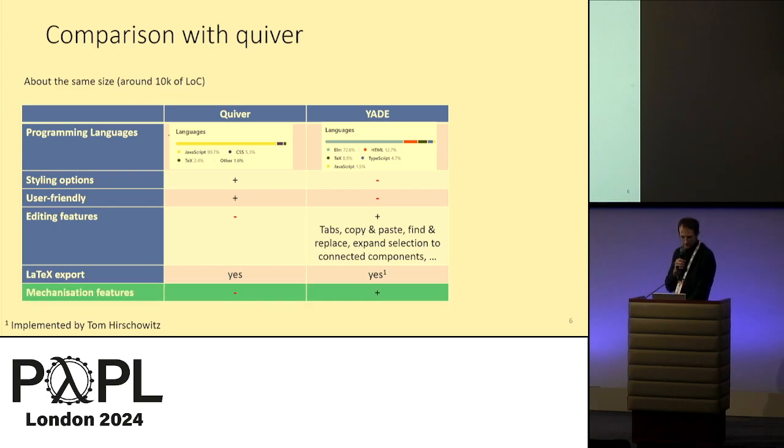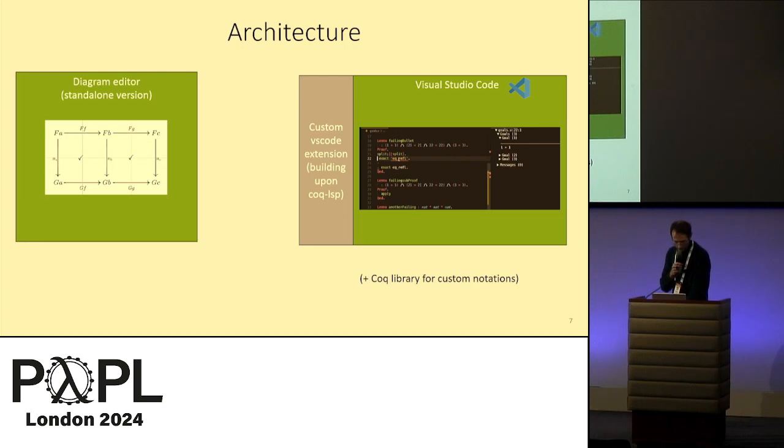But the main thing about YAD is that it comes with mechanization features, so I'm going to introduce them now. To explain a bit the architecture: you run the editor, the standalone version, in the background, and then you also run Visual Studio Code with my custom VS Code extension, which builds upon the CoqLSP extension.